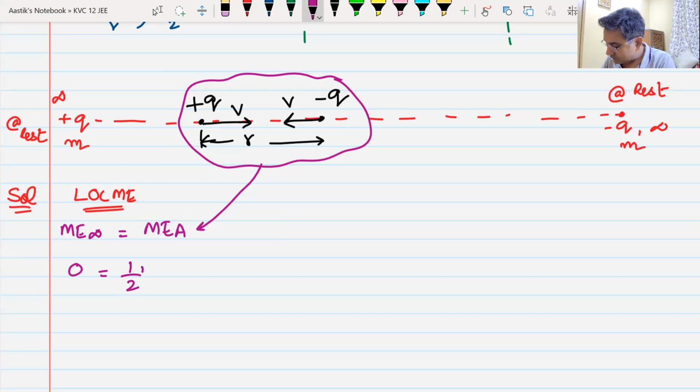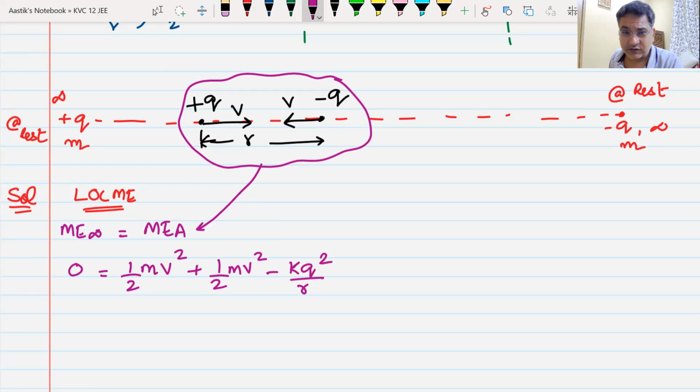So half mv square for the first charge plus half mv square for the second charge minus kq square by r must be equal to 0. You solve this, you get your answer and you stay happy. So the answer in this case will be under root of kq square by mr.